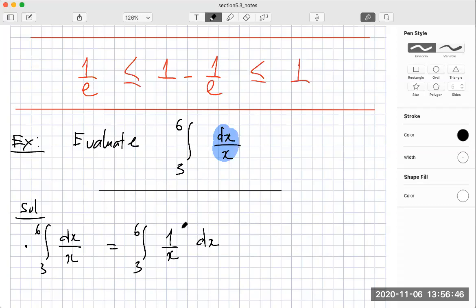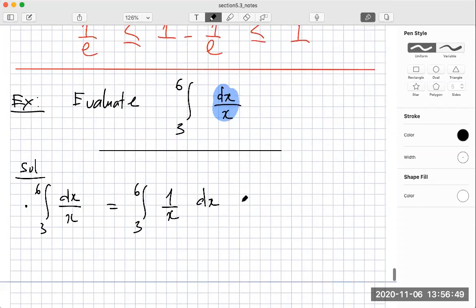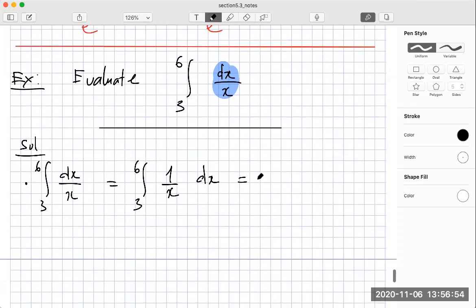Then remember, what is the antiderivative of 1 over x? ln x, yes. Or more exactly, ln of absolute value of x. And we evaluate the value from x is equal to 3 to x is equal to 6, right? From this interval, it means that x is between 3 and 6.